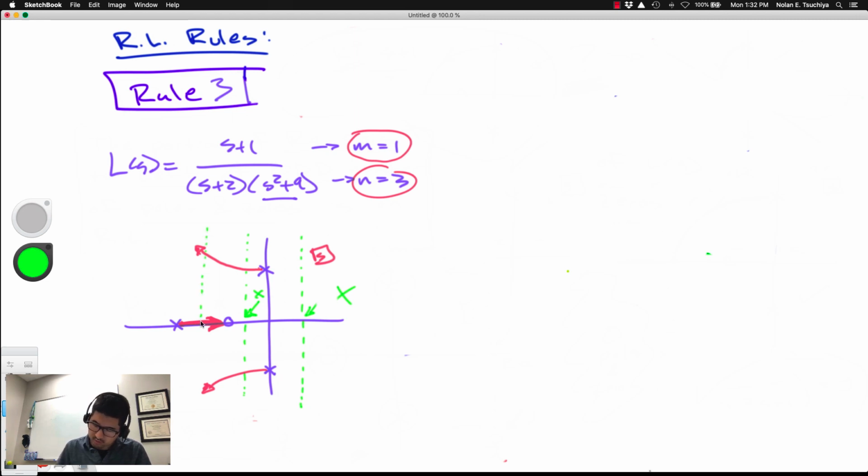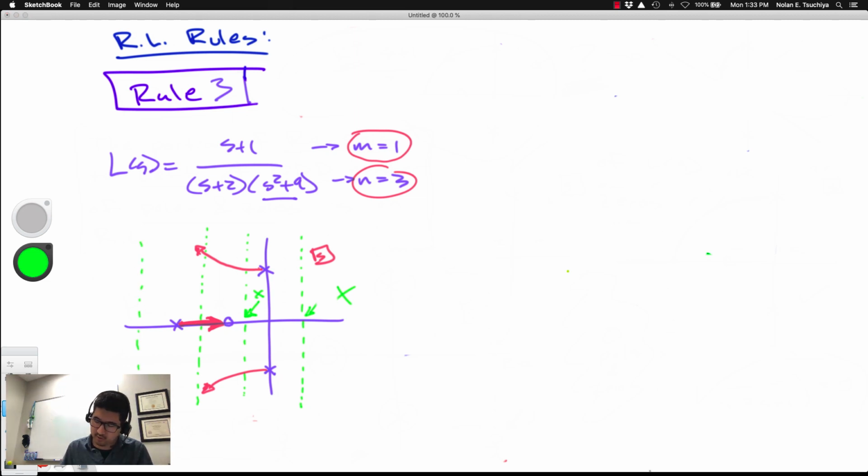If we move to between the pole at -2 and the 0 at -1, at this point, I am to the left of 1, 2, 3 poles and zeros. Okay, so everything between this 0 and this pole should be part of the root locus on the real axis, right? And that's what we're seeing here, is that red branch right on the real axis that goes from the pole to the 0.